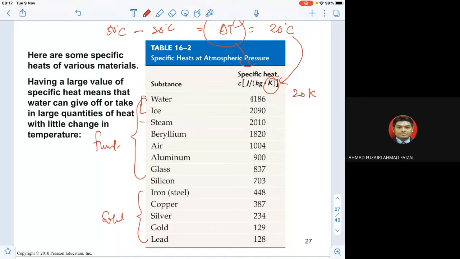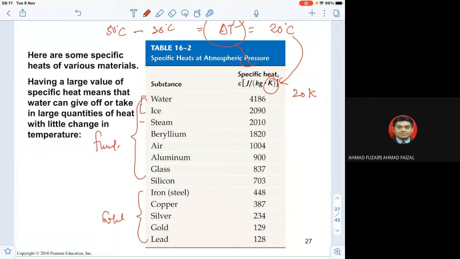So just put 20 Kelvin into the equations. If you look carefully, water has a very large value. The specific heat of water is much higher compared to a solid at the bottom part of the table.